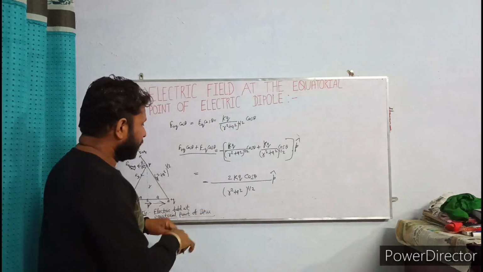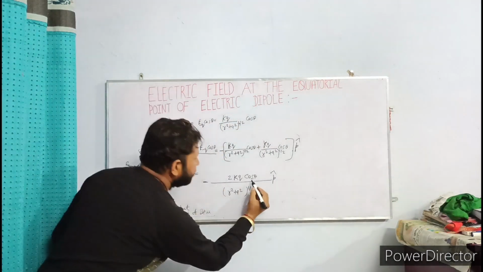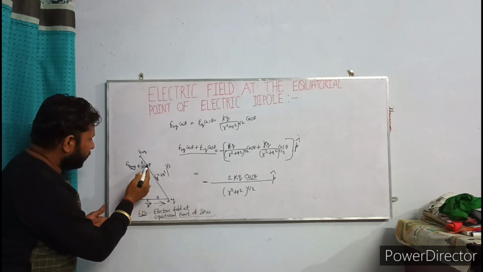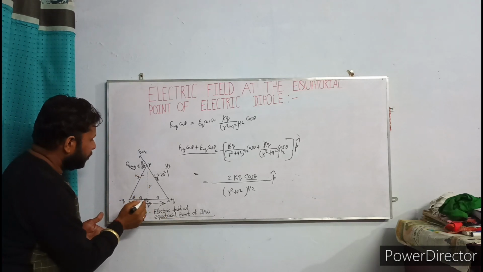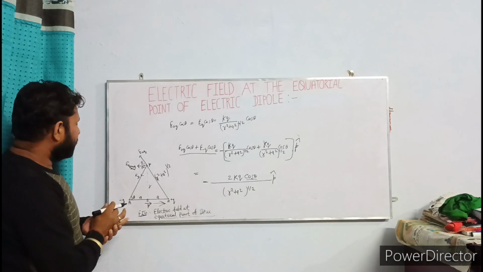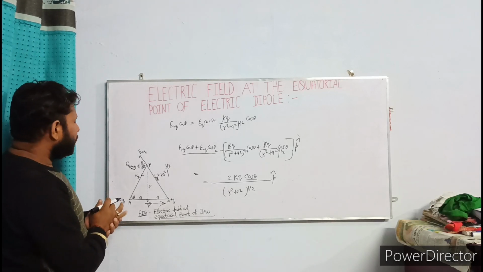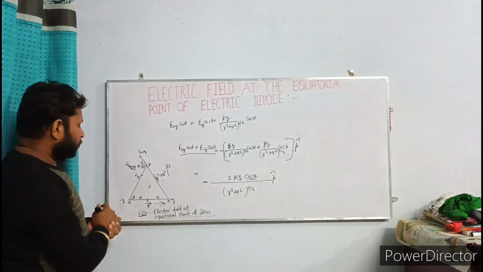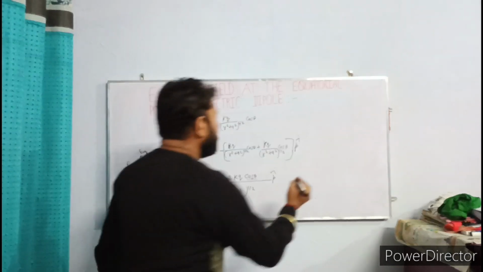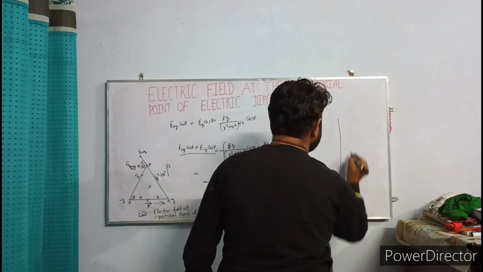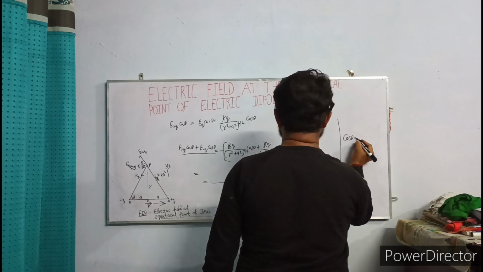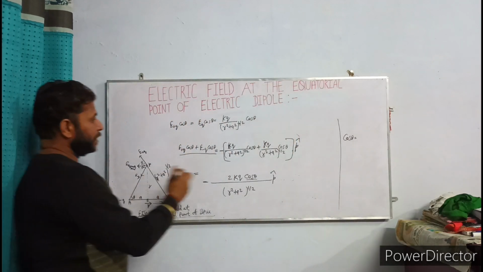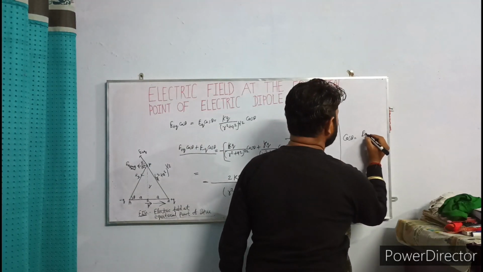Now, students, we have to calculate the value of cos theta. We can see here, if we apply it in triangle OAP, cos theta equals base upon hypotenuse.